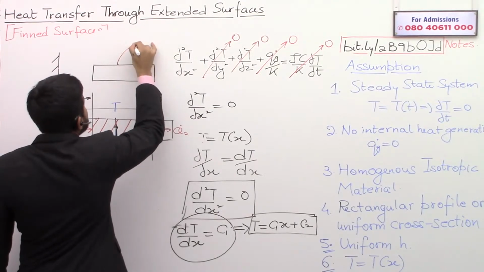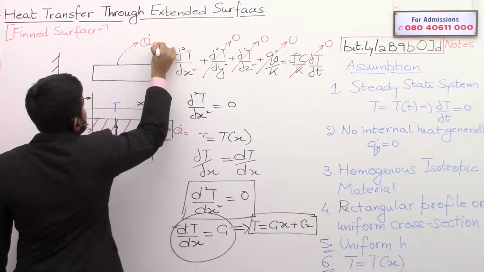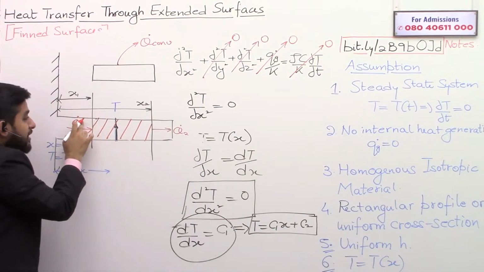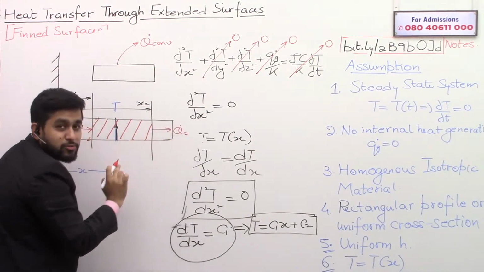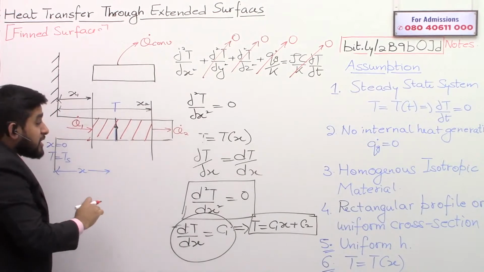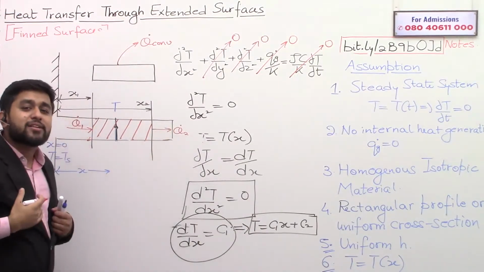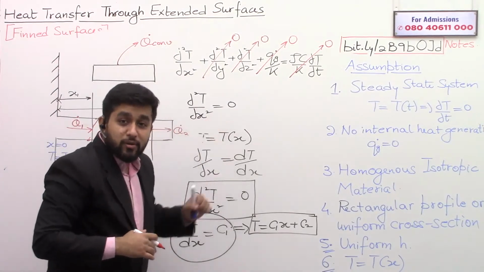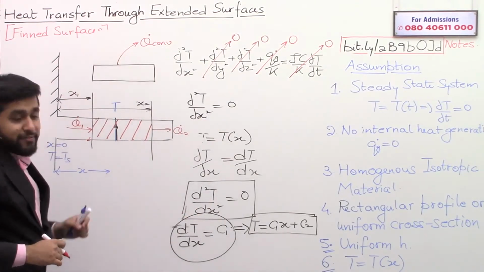So there will be some convection also. So some heat is coming inside the material by conduction, some heat is going outside the material by conduction. Here the temperature will be highest, here the temperature will be lowest. And also there is convection.